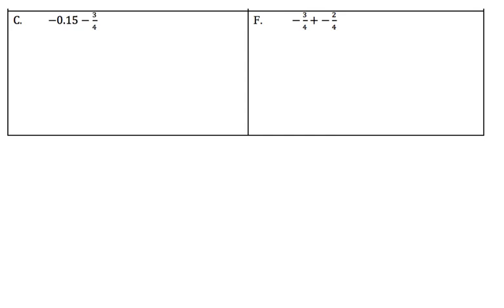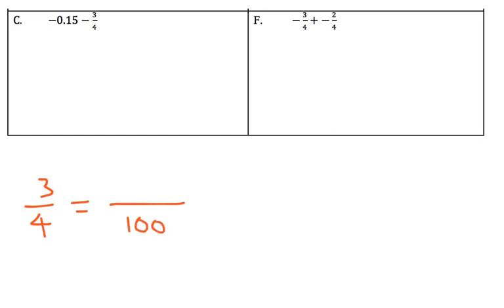All right, and these two were basically state test level practice with rational numbers. For C, I have negative 15 hundredths minus 3 fourths. And one strategy here would be to turn everything into decimals. So 3 fourths as a decimal, just as kind of a review, there's a few ways to do it. Remember that decimals are always in tenths or hundredths or thousandths.